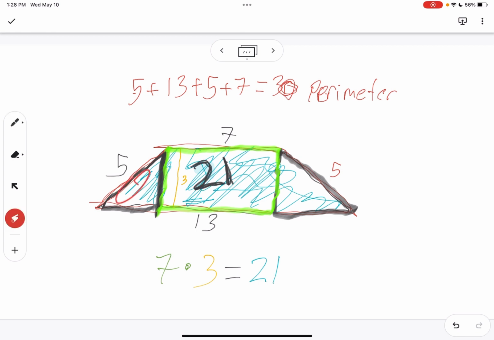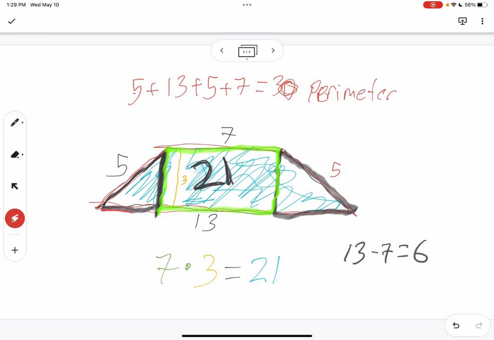Now we have to find the area of this triangle, okay? Well, we got to figure out what is, so we know that the height, again, because this is the height, this is not the height, we need a straight line up and down, is 3, okay, because we get it from there. So no, this is 3, but we don't know what the base is. We do know that from here all the way to here is 13, and we know that from here to here is 7. So if we subtract 7 from 13, 13 minus 7, we get 6.